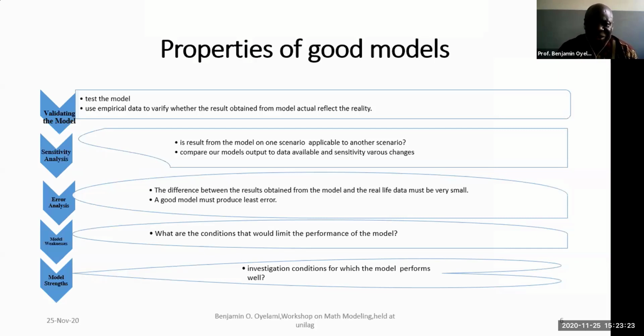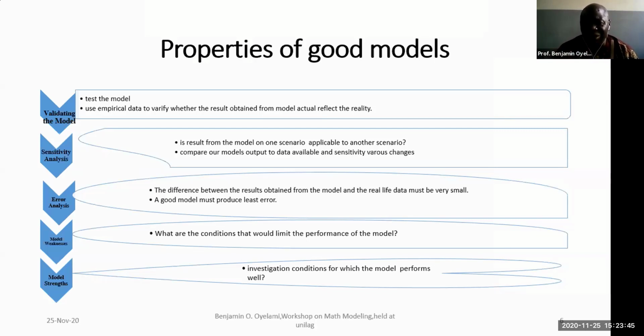Next, we must compare the outputs to the data available. So if the model can be used for prediction, then from the data you have, you must check that the output coming from the model actually is close to what you have in the data.